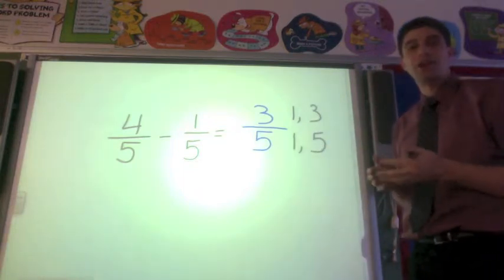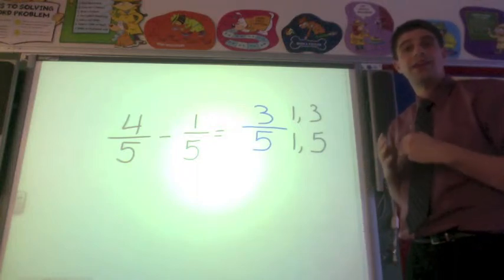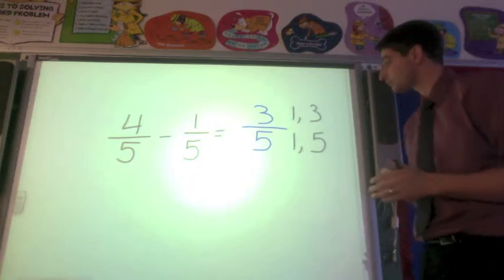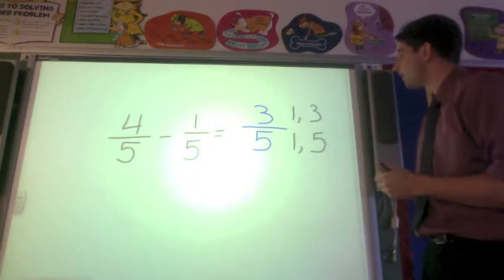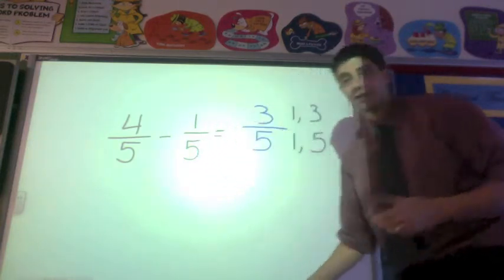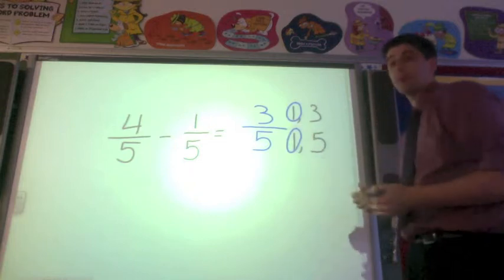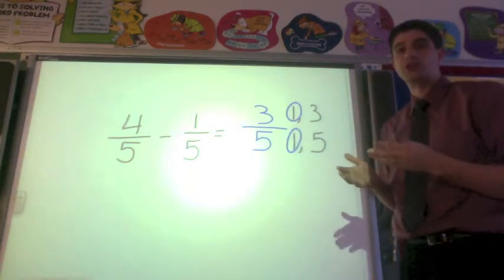And I look for my greatest common factor. Remember, if the greatest common factor is 1, then it's already in simplest form. And I'm looking at the problem, and I see that the greatest common factor is definitely 1. So my answer is 3/5.